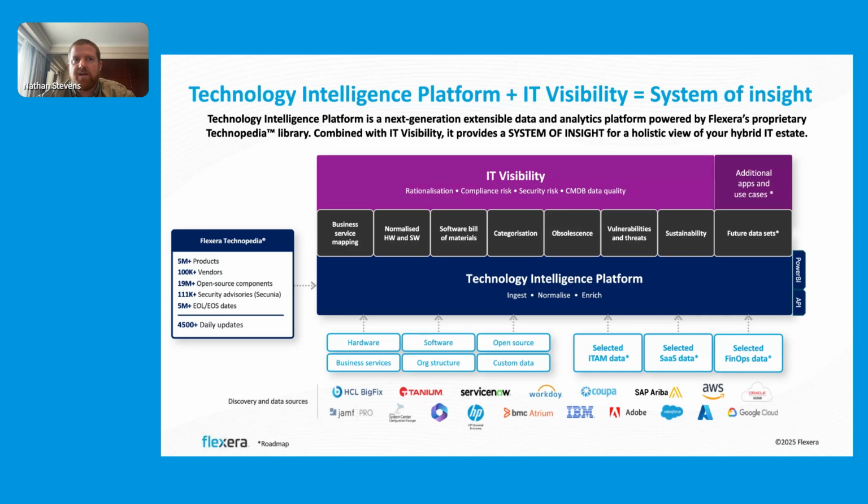This is across not only end user compute and servers, but also integration with platforms for network devices and other assets that you have out there. We provide categorization, currency and obsolescence information and reporting against software and hardware, overlay information around vulnerabilities and threats, and also give a view of sustainability.